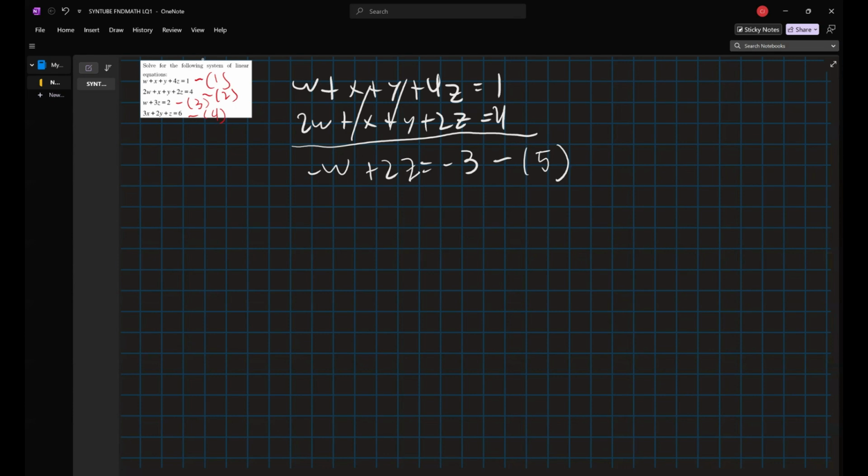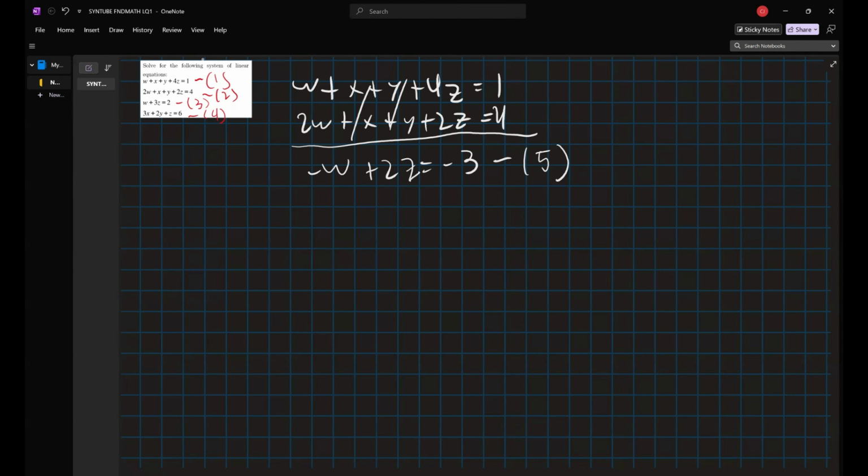And now we can proceed to the other equations first, right? What we can do is use the third equation, since it only has two variables, to get the value of the other variable. What do I mean by that?